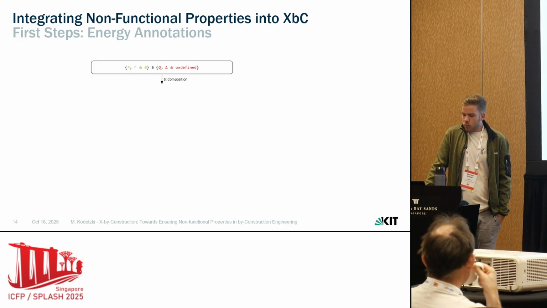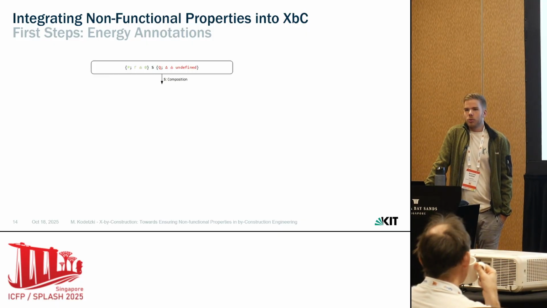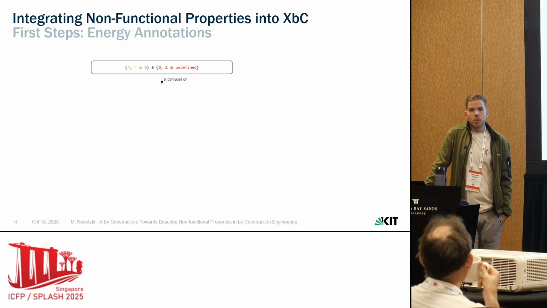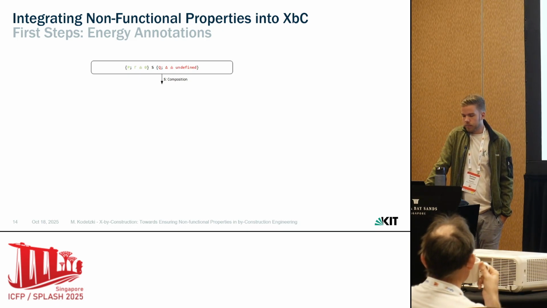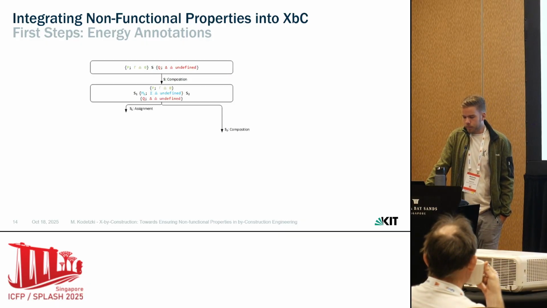That's why for now we're more like in a tracking mode instead of actually specifying it beforehand. So for now we say our energy annotation in the postcondition is undefined because we don't know the structure yet. And now we can start doing the same that we did earlier, apply refinement rules.